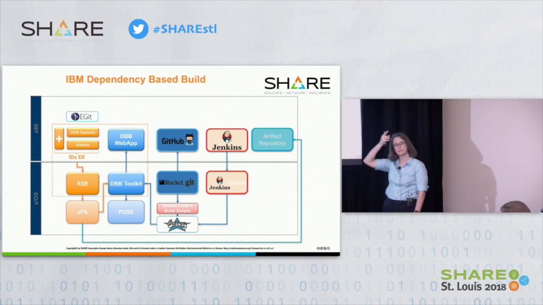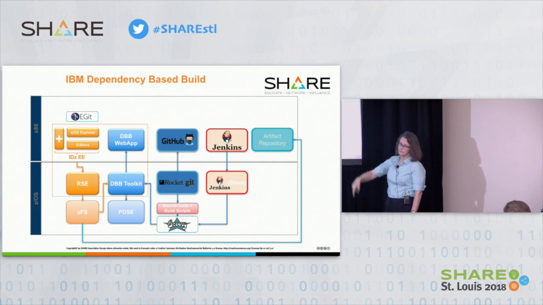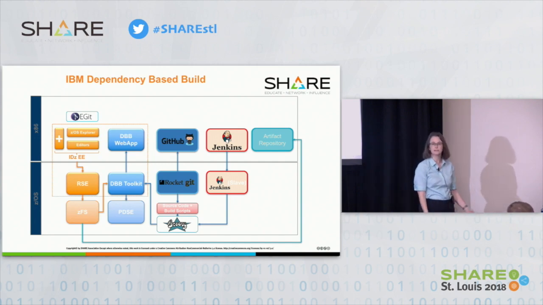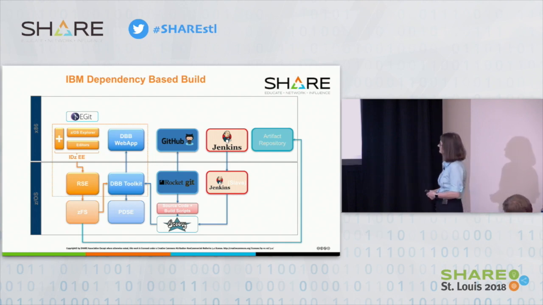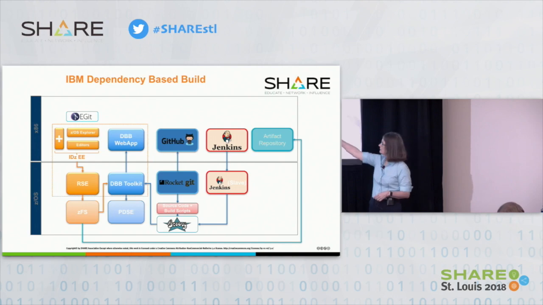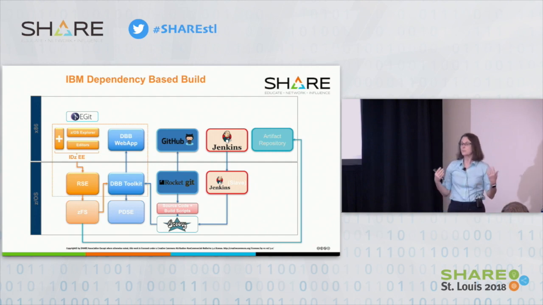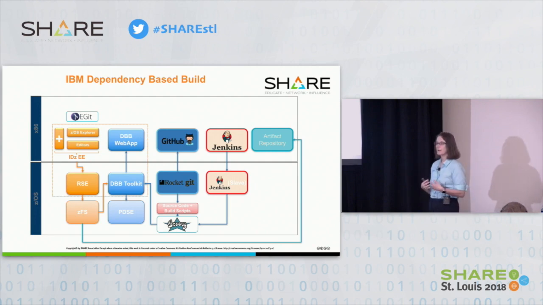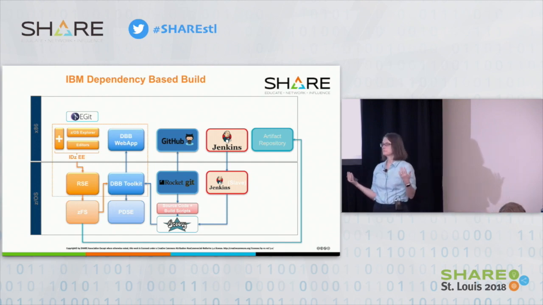Rocket Git's the only piece that you need different, and that runs on z/OS. The Jenkins slave also can run on z/OS, and the Jenkins server is going to run wherever you're running it. Doesn't matter. You'll see we have Groovy running on the system. We have an artifact repository. You can now put your output in an artifact repository, so you can put it in Artifactory or Nexus. Take your choice.